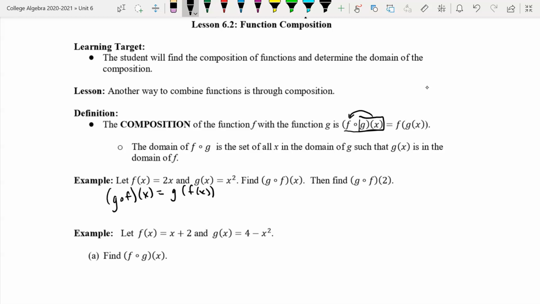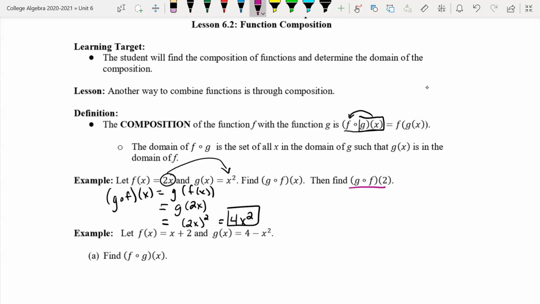So I'm taking f of x and I'm plugging it in for the x and g of x. So I take that 2x, I plug it in for the x and x squared, and I square it. 2x times 2x gives me 4x squared. So g of f of x is equal to 4x squared.